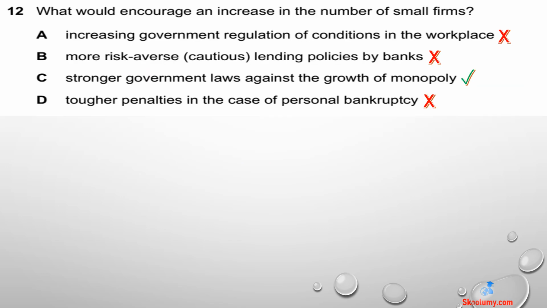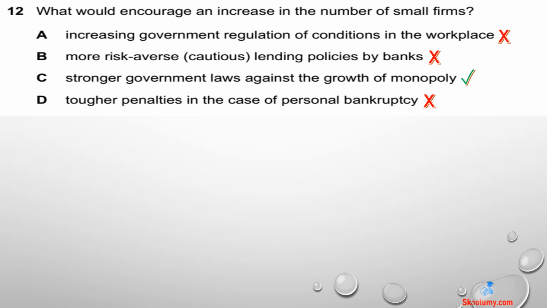Question 12. What would encourage an increase in the number of small firms? The answer is option C, stronger government laws against the growth of monopoly. If there are stronger laws against monopoly, many small firms will spring up. Option A is wrong because more regulations discourage the establishment of small firms.